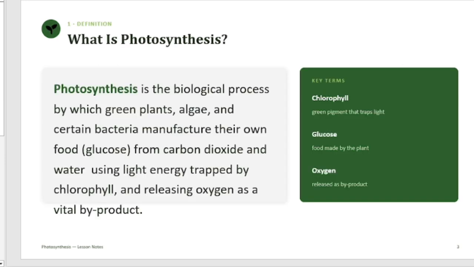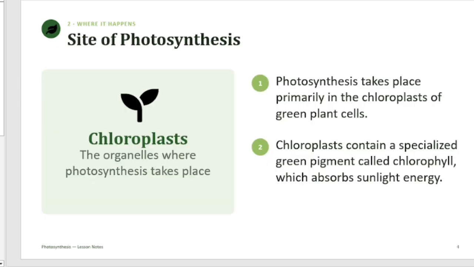So we start by defining what photosynthesis is. Photosynthesis is the process by which green plants, algae, and certain bacteria manufacture their own food from carbon dioxide and water using light energy trapped by chlorophyll, releasing oxygen as a vital byproduct.